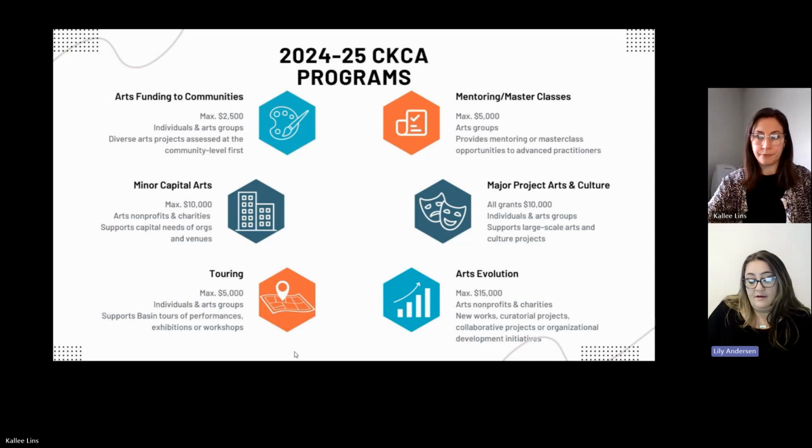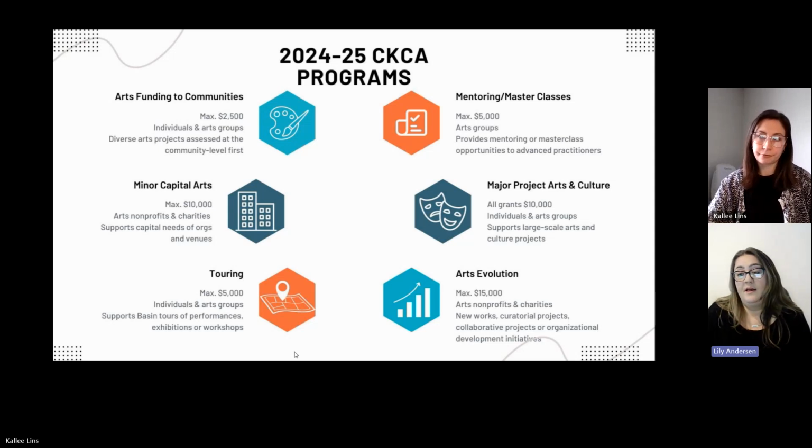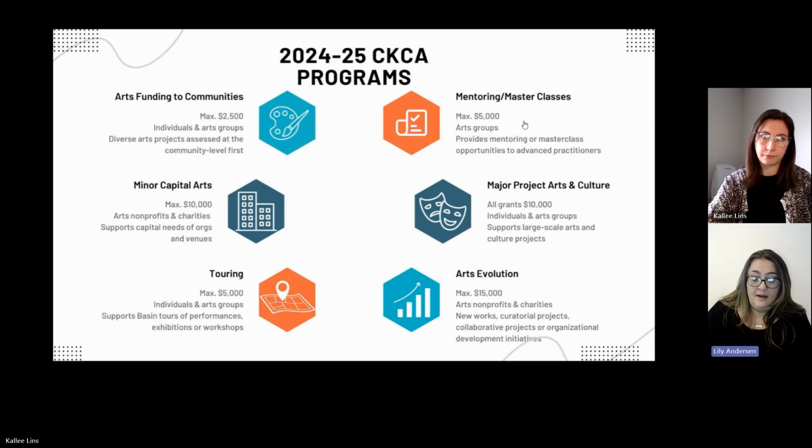Examples of capital projects may include purchasing equipment, computers, software, instruments, theater risers, presentation cabinets or fixtures. These grants can also support the renovation or building of facilities, as well as lighting or acoustical upgrades to your facility. The maximum request for minor capital arts is $10,000.